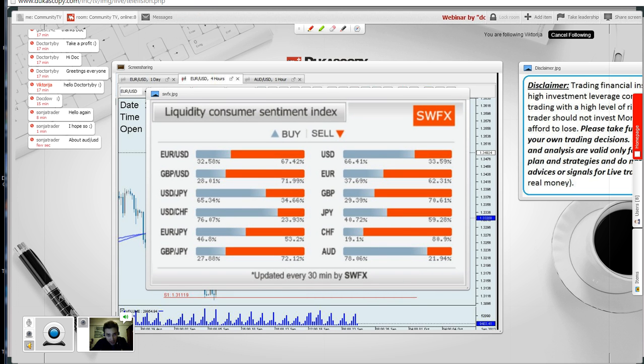Okay, so you can see that we have also in the Swiss Forex sentiment index 67% bearish sentiment on the euro dollar, 72% bearish sentiment on Great Britain pound US dollar, very well correlated with the open position ratios.